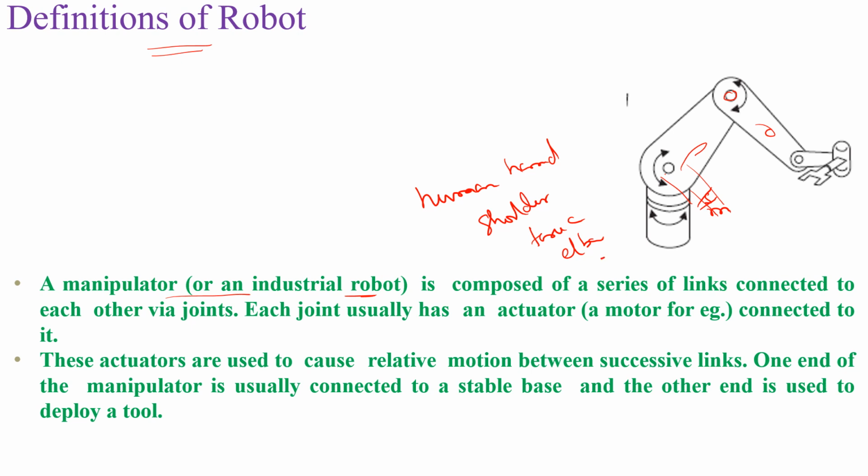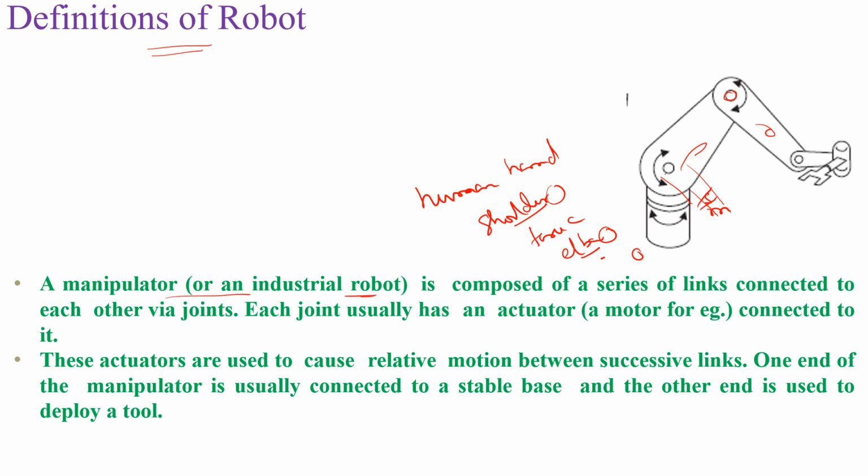The shoulder is a joint, the elbow is a joint, the wrist is a joint. So one best example of a robot is our human hand.